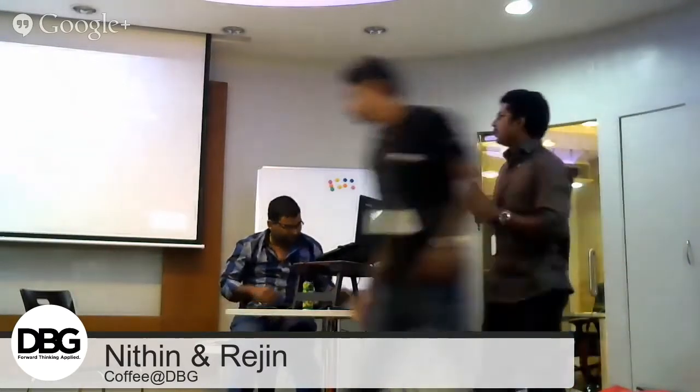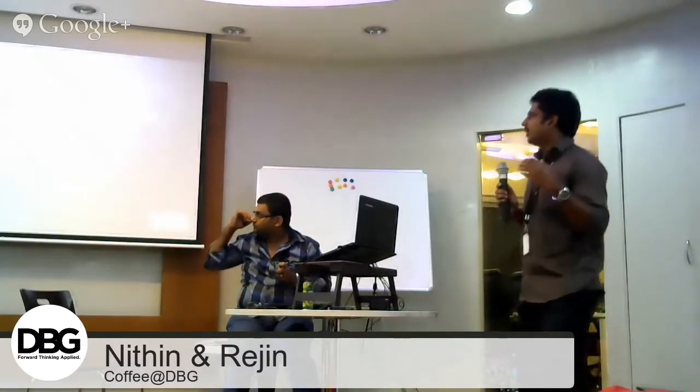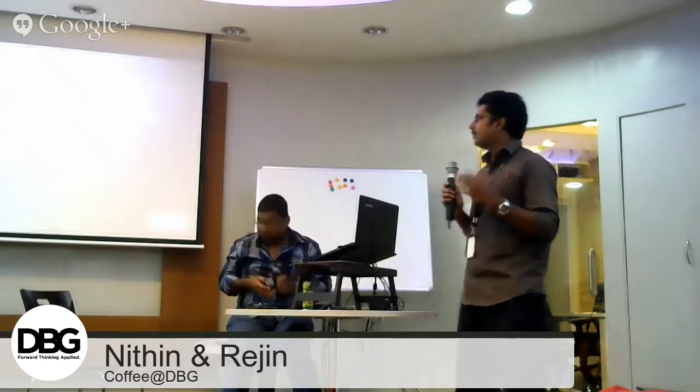The other function is called computed. Computed is nothing but something that depends on other observables. For example, consider a scenario where we have two text boxes, the first name and the last name.